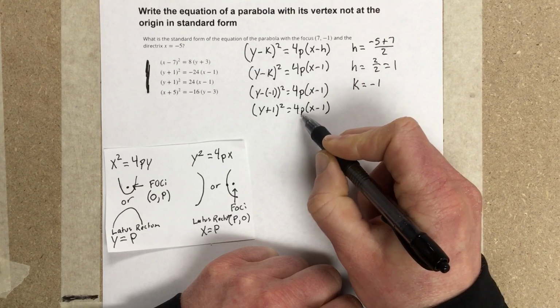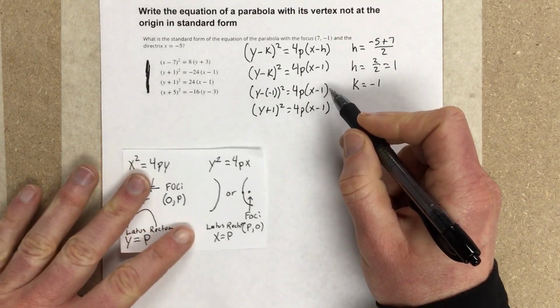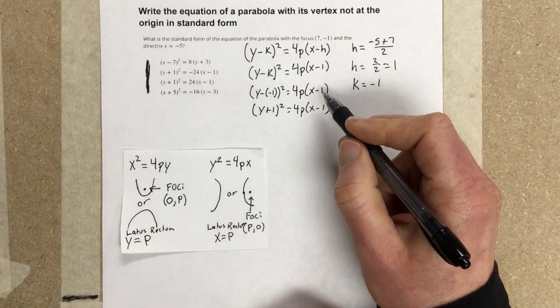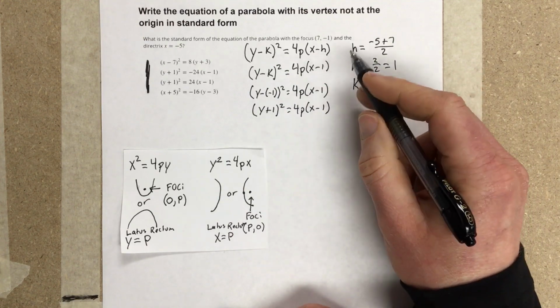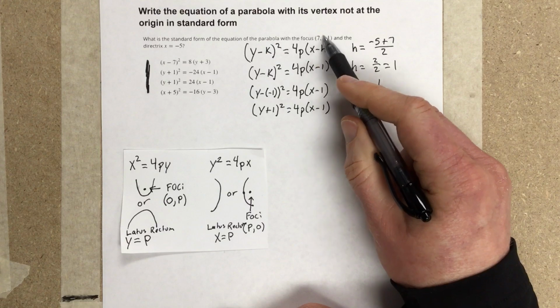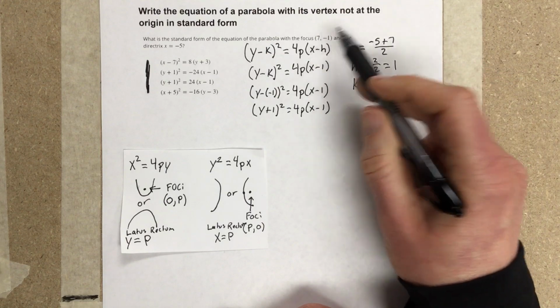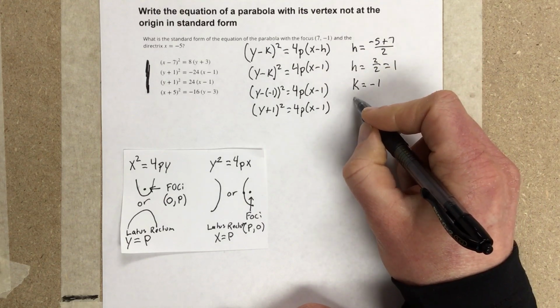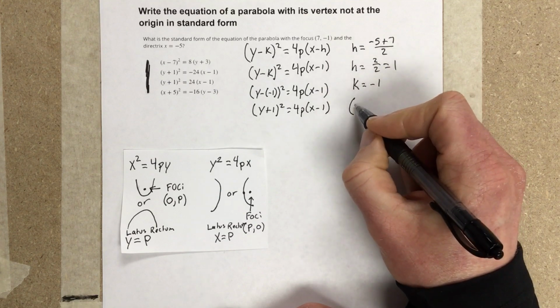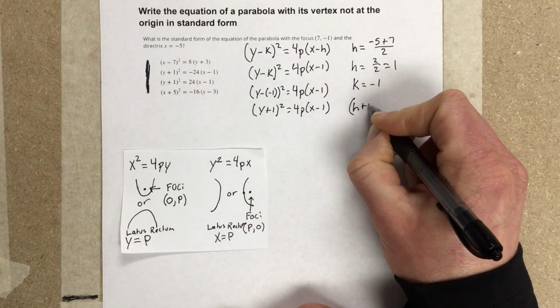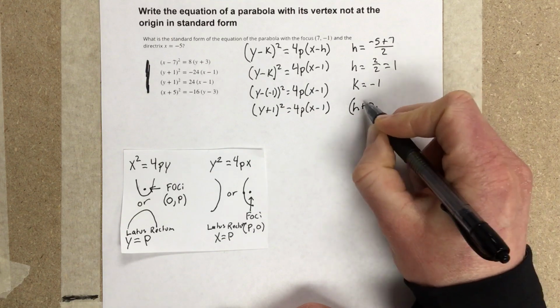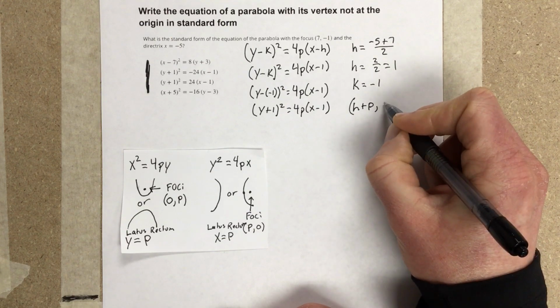Now we just need to find the p value. So what is the p value there? To find the focus in general for this particular graph, we would take h plus p to find the x value, and then we would have just k.